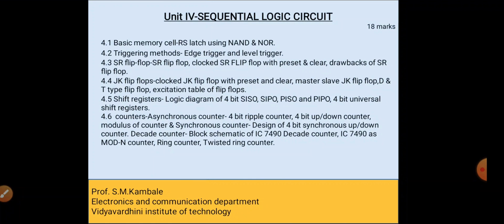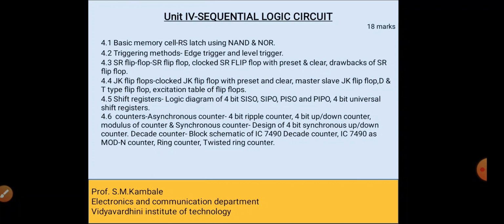Now the next point is 4.5, shift register. There are also various types of shift registers. Shift register means data is shifted from one flip-flop to another flip-flop. Therefore it is called a shift register. Shift means change the data, register means its storage location, from one flip-flop to another.